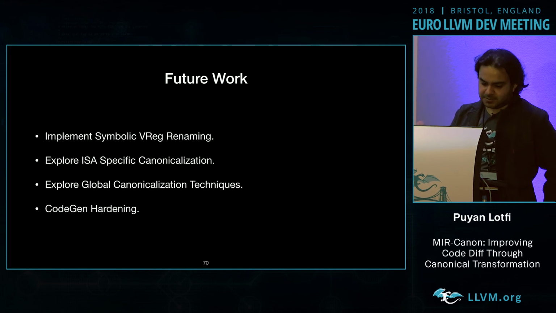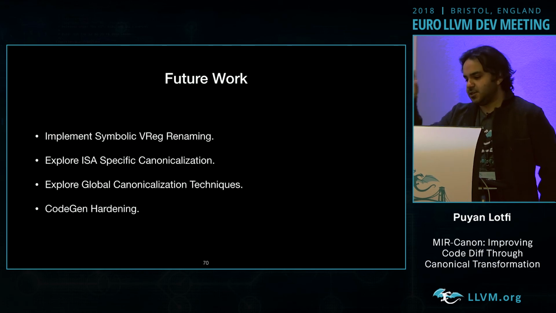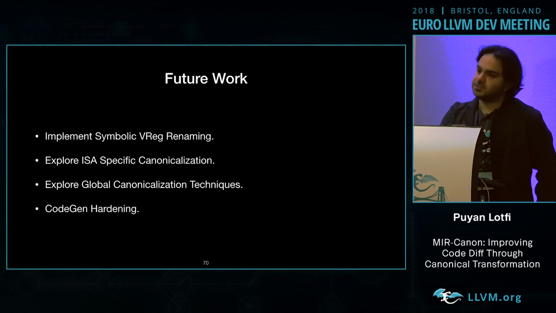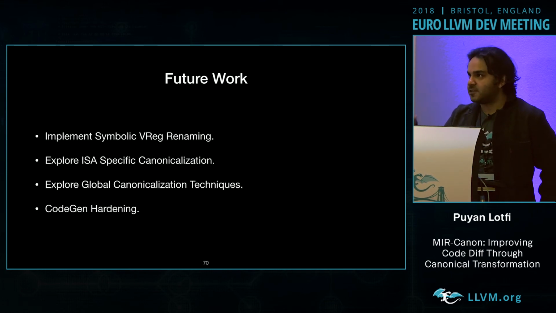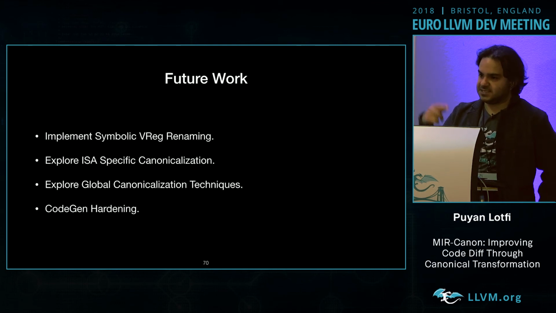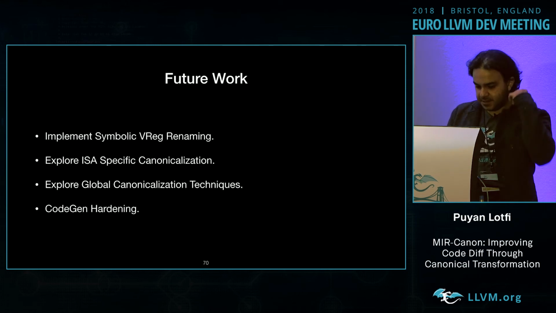So for example, on ARM64, if you want to zero out a VREG, you could copy from the zero register, or you could move im0. For this use case, you would want to identify all the different ways to zero a register and always replace them with the same canonical zeroing out of a VREG.